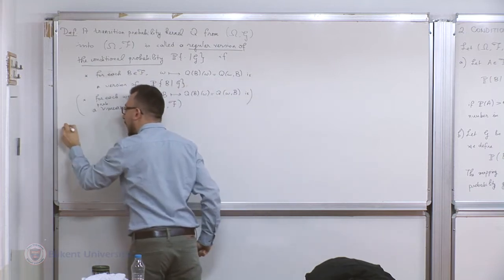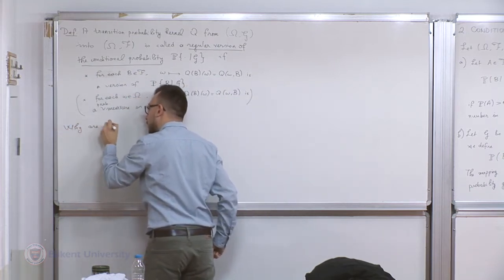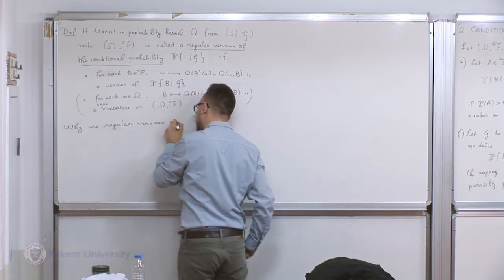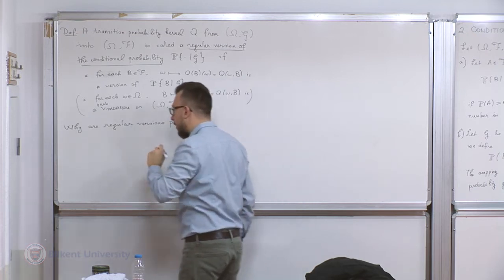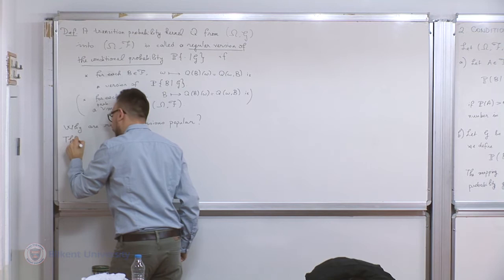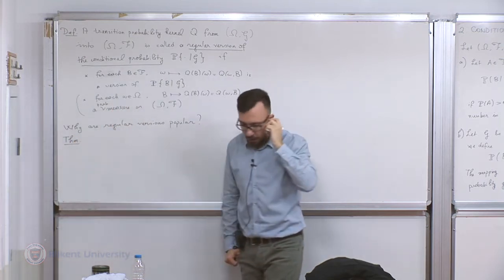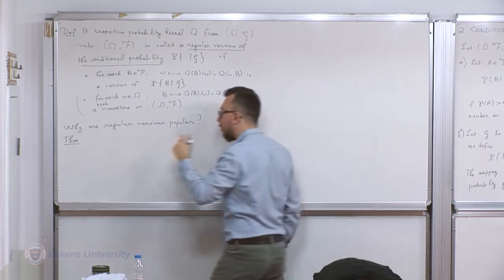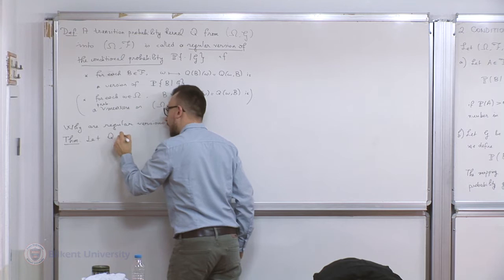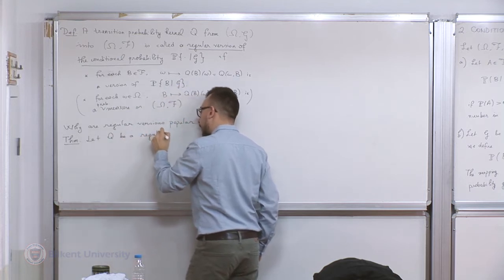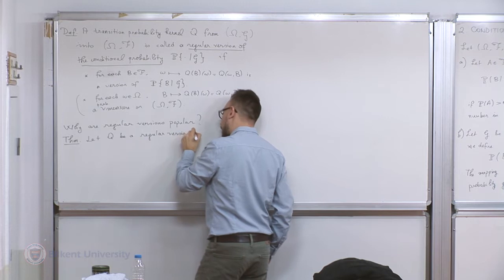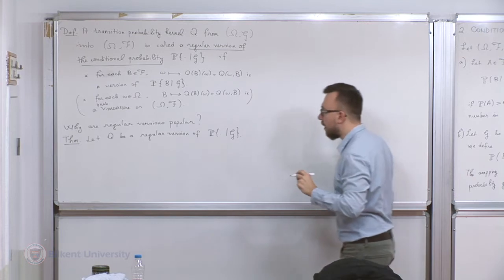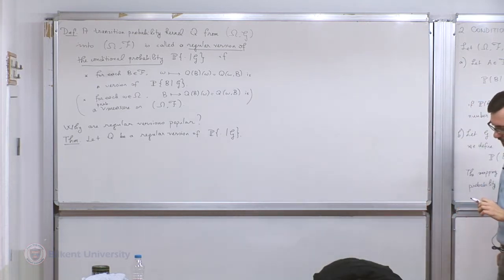Okay? So why are regular versions popular? For this, we're going to state a theorem, and we're going to prove it. So let Q be a regular version of probability something given G, a regular version of the conditional probability.